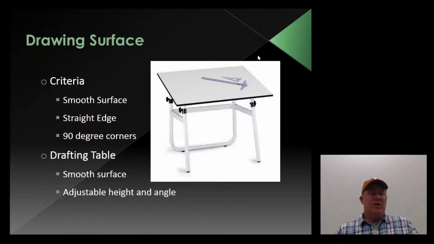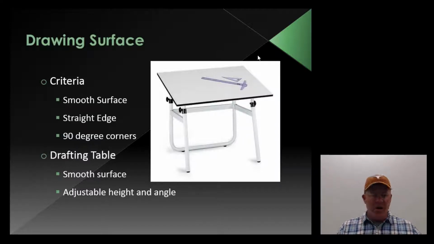They also actually sell portable drafting tables that you could get at one of the reprographic stores that may have it. Some of your office supply stores may also have those portable drafting boards that have the little legs that fold out, and you can actually sit down at your kitchen table with it and use it.